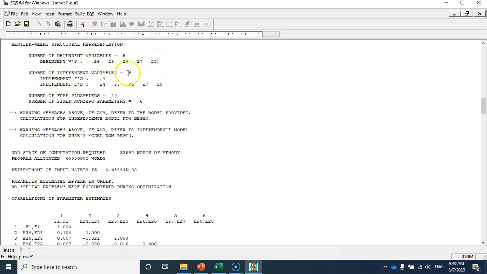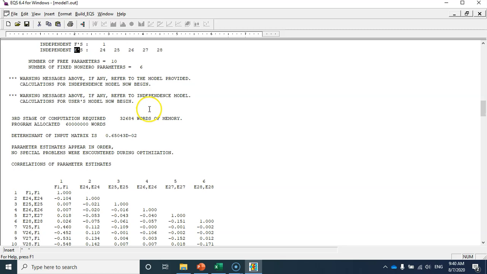Also note that we have 6 independent variables. One of them is a factor, which is factor 1, and the others are error terms, including E24, E25, E26, E27, and E28. In addition, we have 10 free parameters to be estimated in this model.